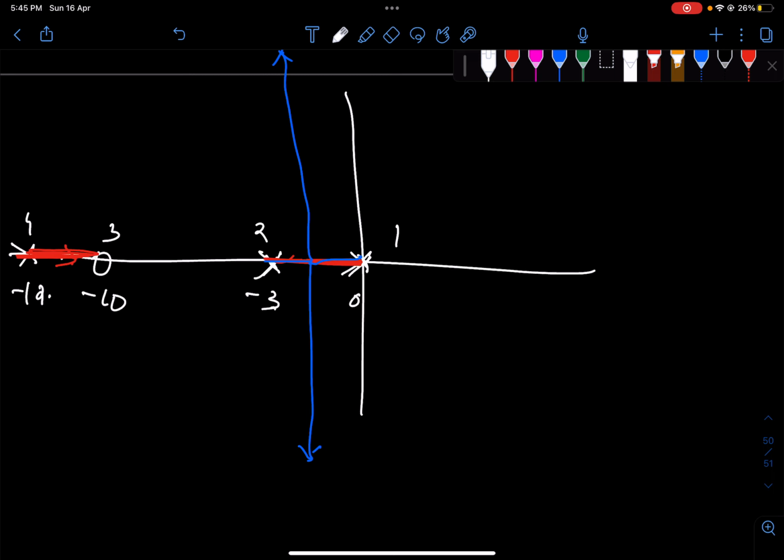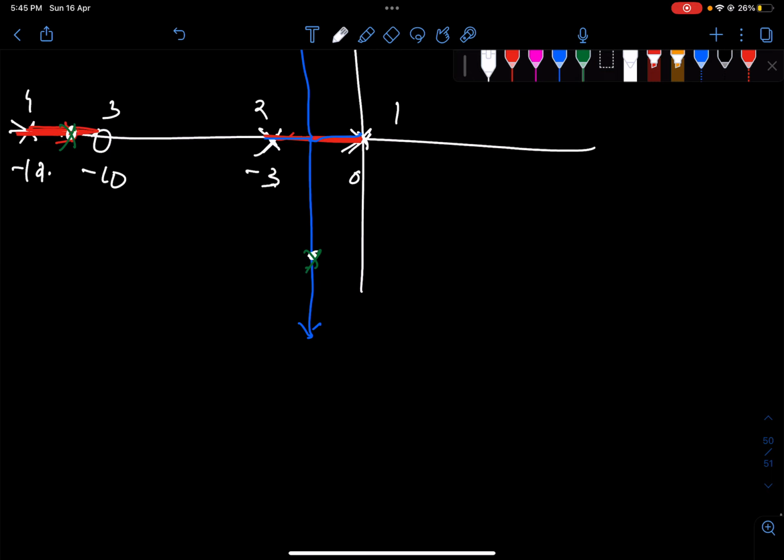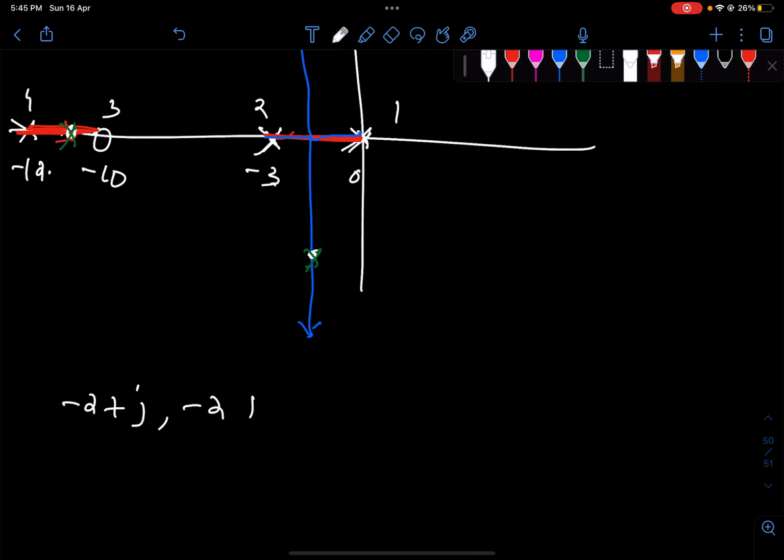So they are asked to find a proportional controller such that the poles are located at some point here and here. That is the closed loop pole, right? If 3 poles are given to you, suppose the poles are minus 2 plus j, minus 2 minus j, and minus 11.